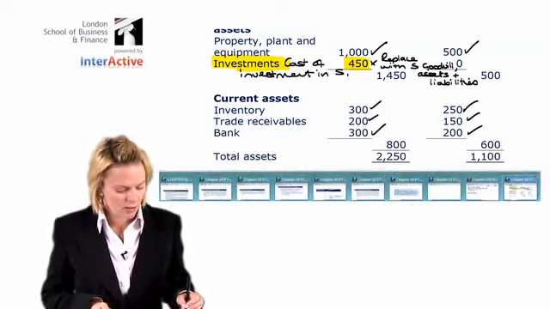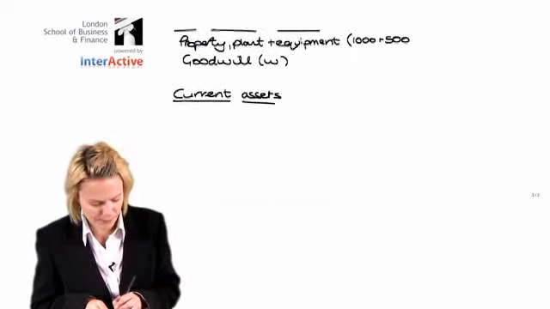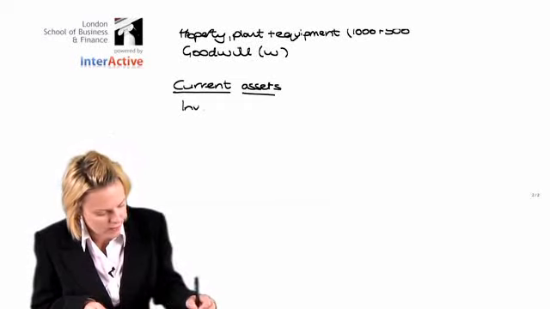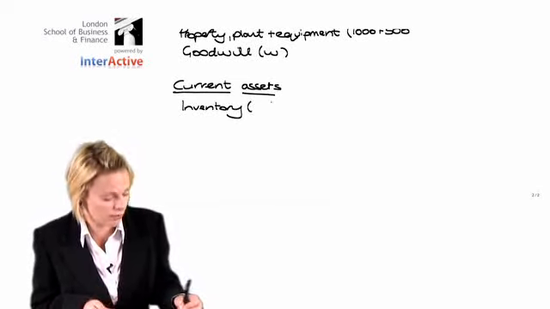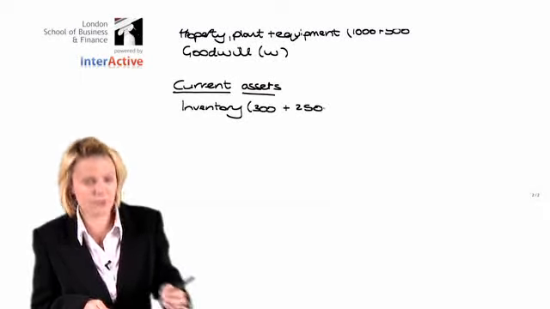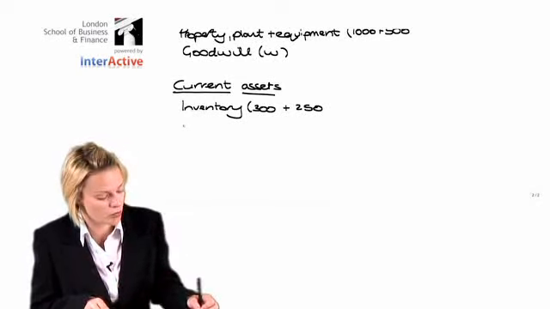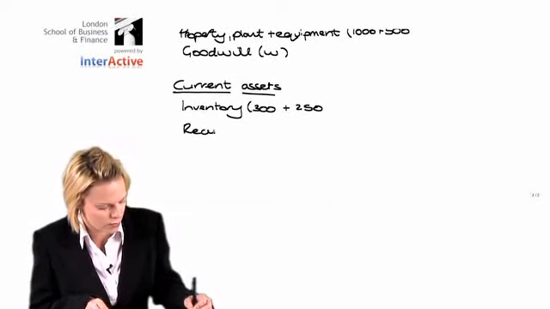So, going back to our statement of financial position then, we've got inventory. Parent, which was 300, plus subsidiary of 250. We control all their assets, and that will include inventory, receivables.